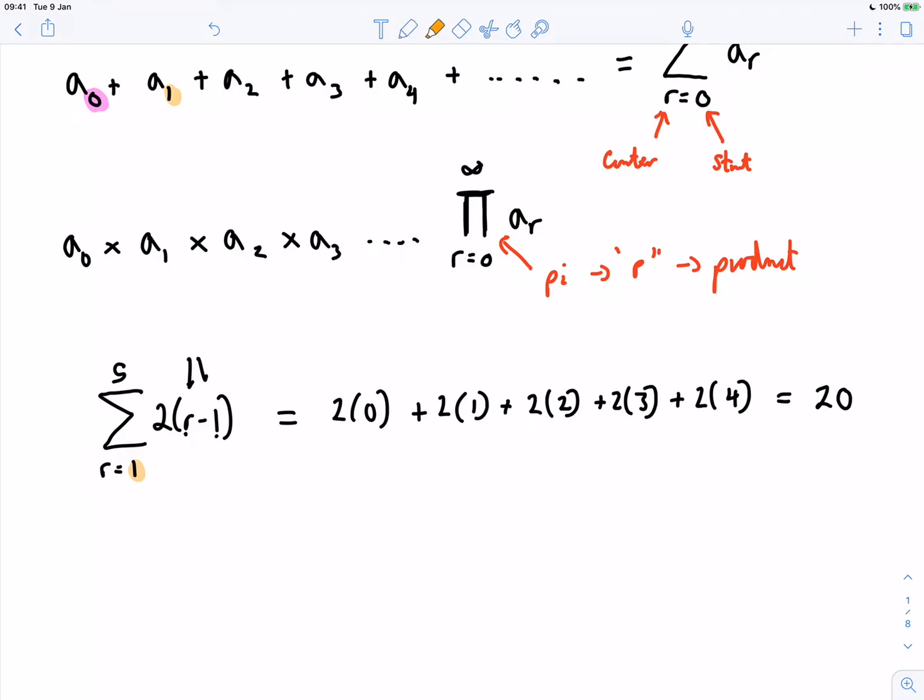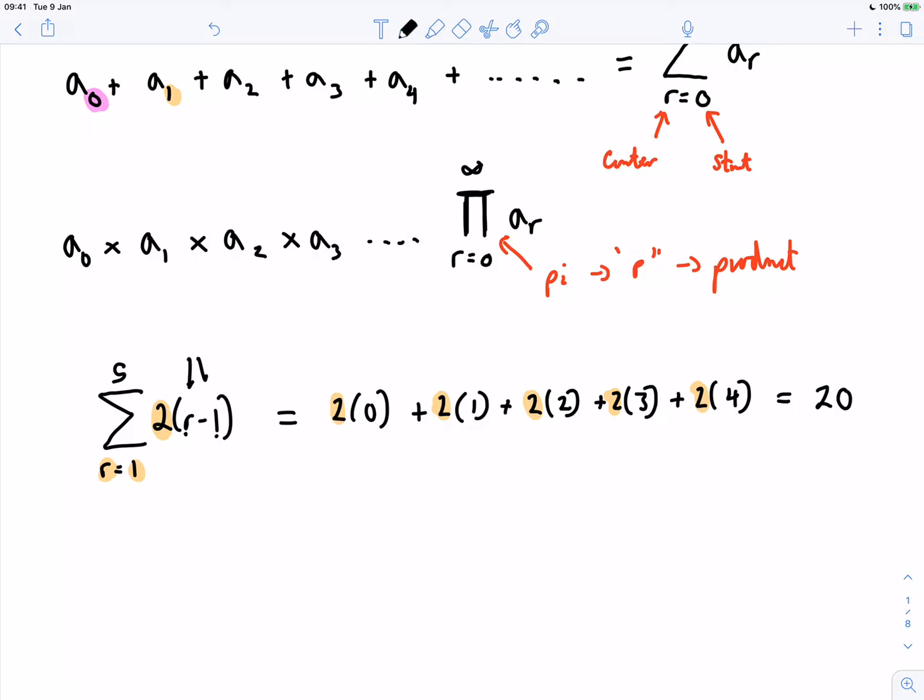The other thing I wanted you to see is that if I have a multiplicative constant in that sum, and it's not affected by the R in any way, shape or form, I can take that constant out as a factor.